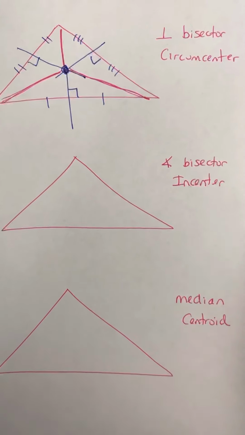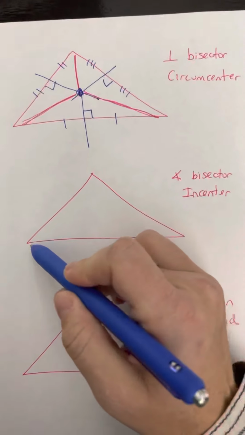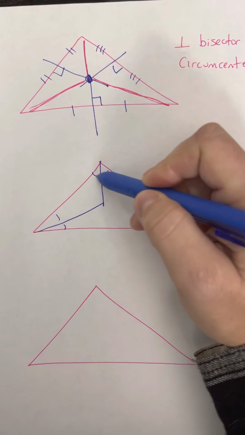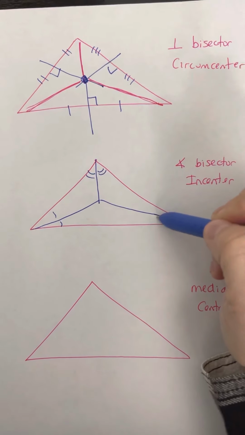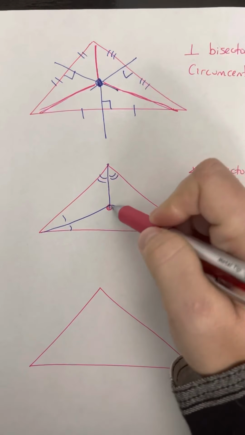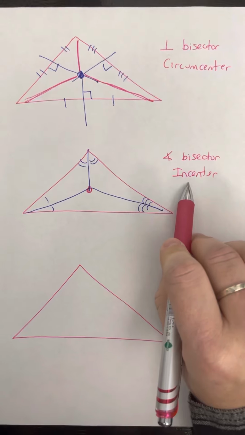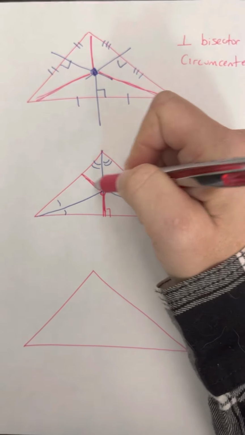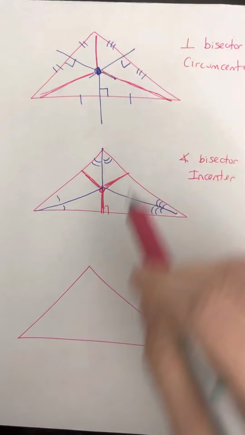In 5.3 we had angle bisectors. This is an angle bisector, this is an angle bisector, and this is an angle bisector. The very center is called the in-center, and the in-center is equidistant to each side. So these pink lines are all equidistant.